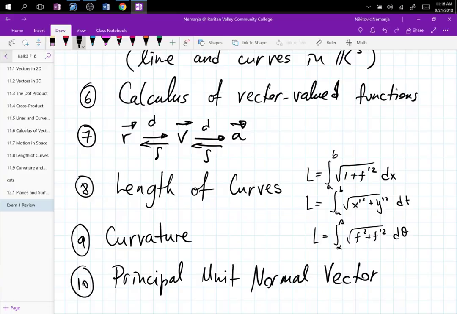Test taking skills. You read the entire exam first, and then you work on the problems that you can do quickly, right? And then you go back and you look at problems like this, and definitely principal unit normal vector, curvature, those things should be last because they take the longest to do.